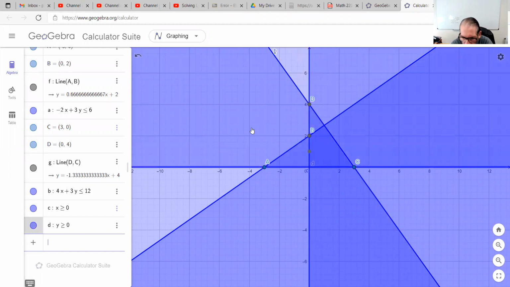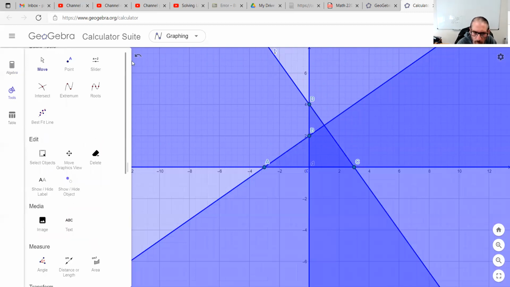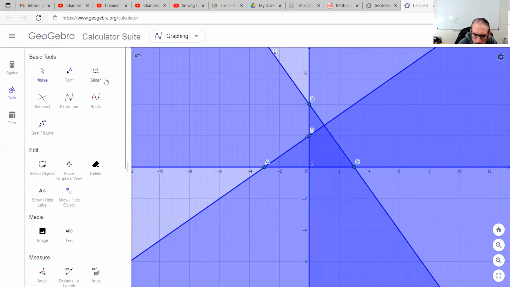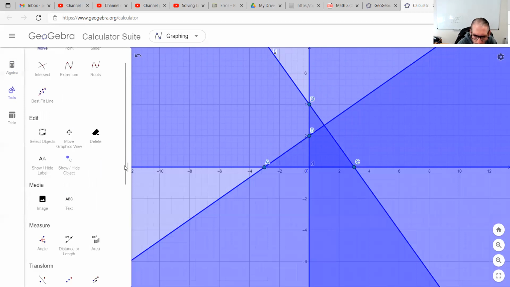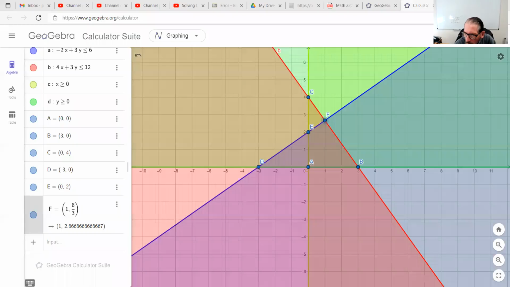Now, if we look at the common shading of all of these, that's right here. Let me put that in a different color if I can. All right, I've changed the colors here.